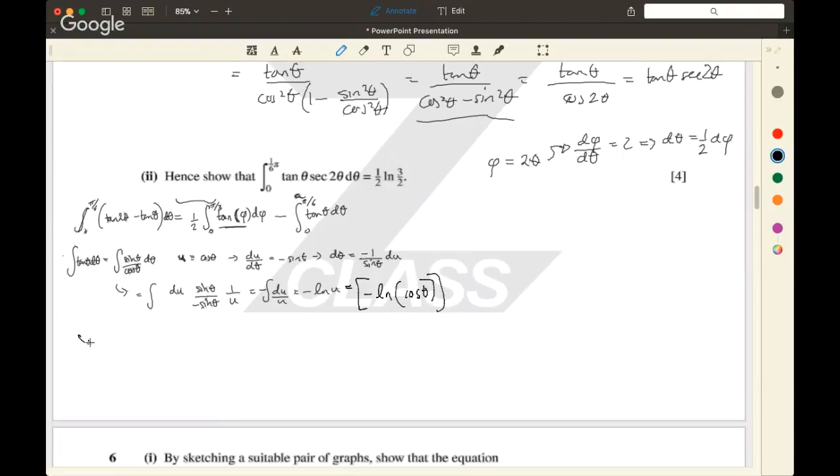So the integral that we're looking at is going to be 1/2 integral of minus ln of cosine of phi between 0 and pi on 3, minus ln of cosine of theta and theta between 0 and pi on 6.